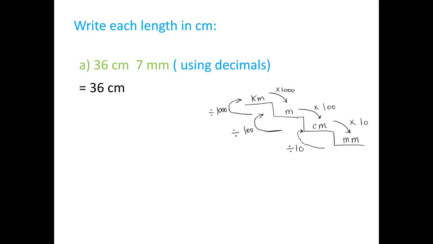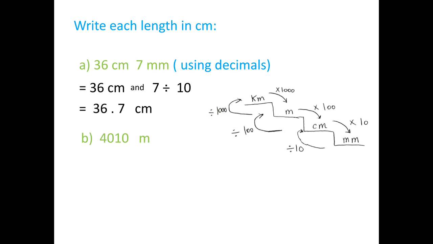So to convert these 7 millimeters, I will divide them by 10. Now, when you divide 7 by 10, what will you get? Excellent. You will get 0.7. So what is my final answer? I will put the 36 with the 0.7, and that will give me 36.7 centimeters.